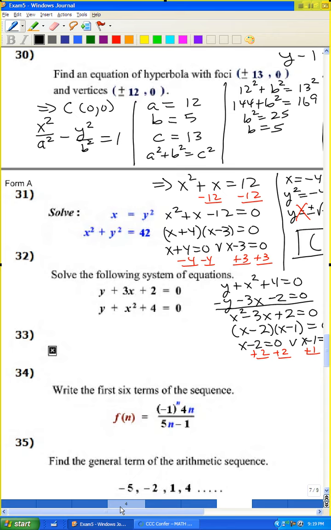Okay, so problem number 33. I'm going to have to write something because it's missing the whole question.